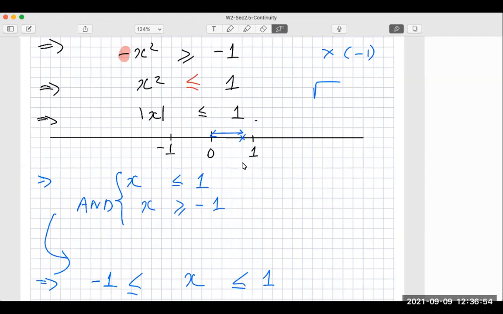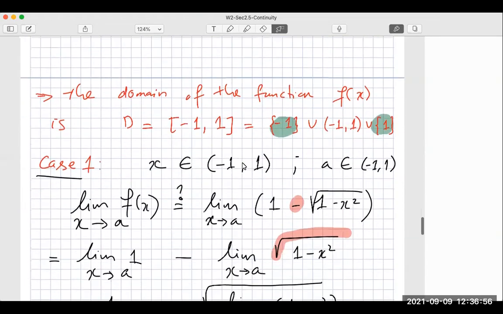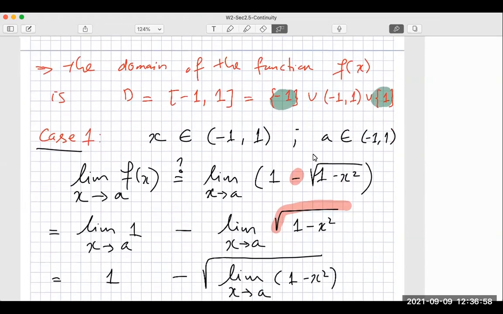Then we prove, okay, for any value of x, consider first the open interval from -1 to 1. For any given number a in this interval, let us find the limit when x approaches this a. And we apply some limit laws, step by step. We first do the subtraction law.